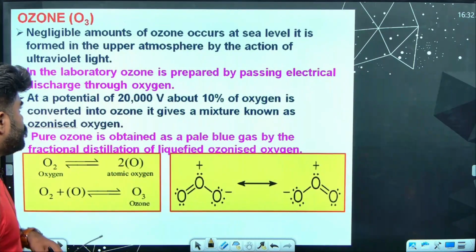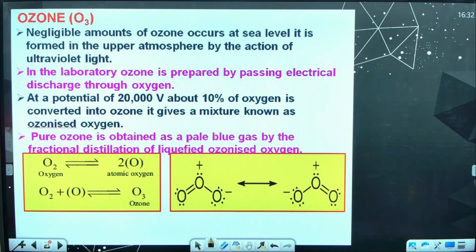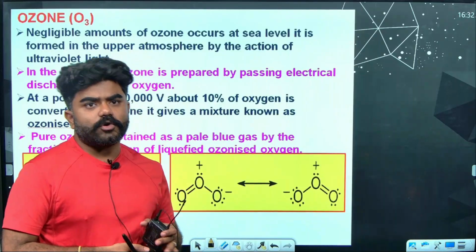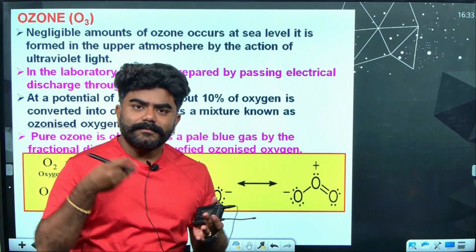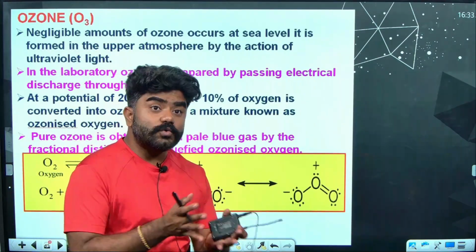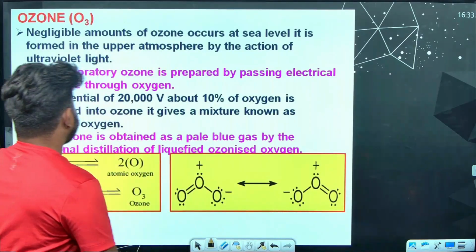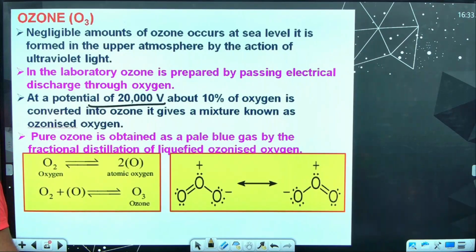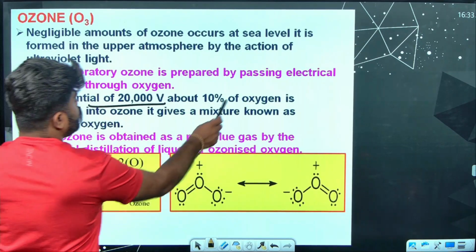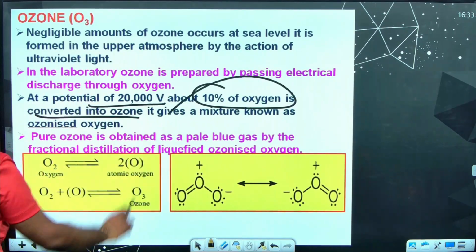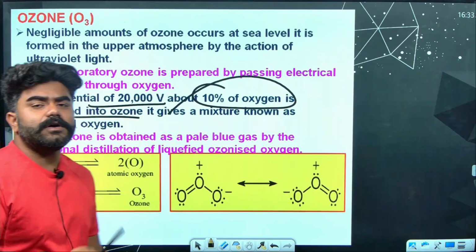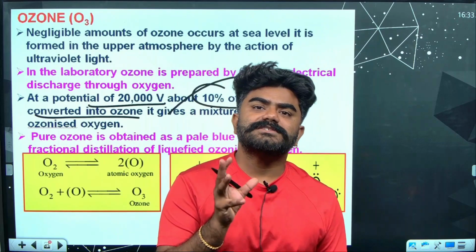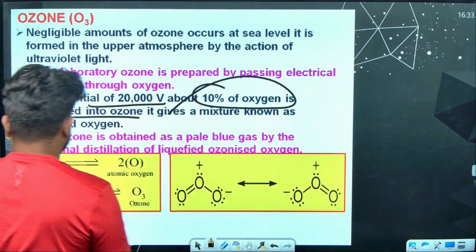Now ozone laboratoryல எப்படி prepare பண்ணலாம்னா when you pass electric discharge in the diatomic oxygen எடுத்துட்டு கண்டெய்னர்ல நம்ம அங்க electric discharge கொடுத்தோம்னா ozone form ஆகும். அதுவும் எப்படி? When you give around 20 kV, you see that only 10% of oxygen is converted to ozone. So there is a mixture of ozone and oxygen which is present. So we call that mixture as ozonized oxygen.